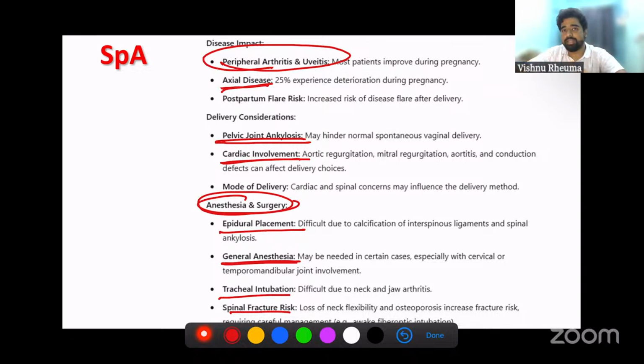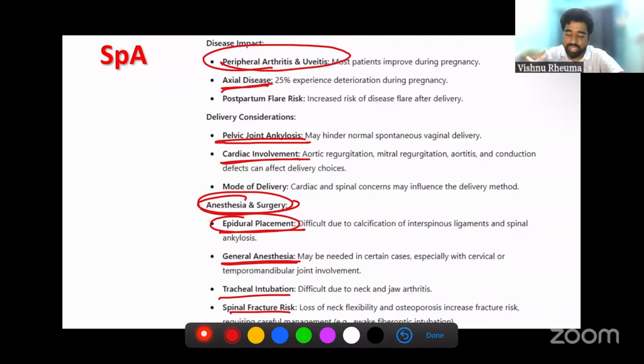Most likely the anesthetist will know, but you should still tell them, sir or ma'am, this is a patient with spondyloarthropathy, having temporomandibular joint arthritis, and all of these complications can occur. Also epidural placement can get difficult in this patient.